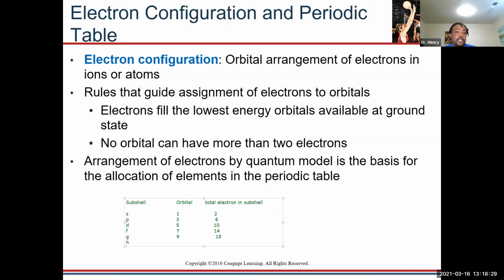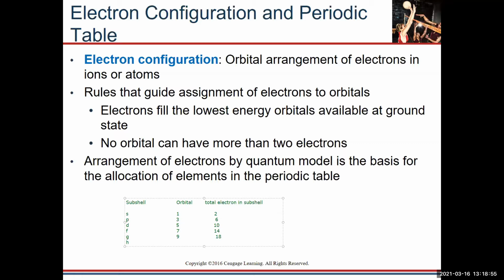If we're talking about a specific element, atom, or ion, then we're talking about the electron configuration for that ion. Other elements could have those same numbers, but no 2 electrons in an atom are going to have the same location or the same orientation. Does that make sense? Yeah, that makes sense.